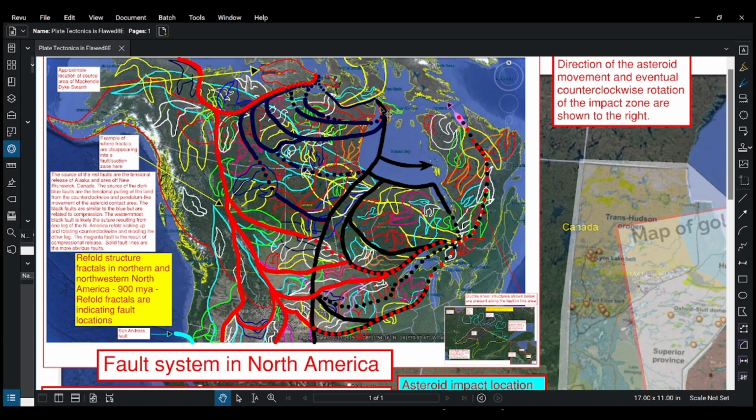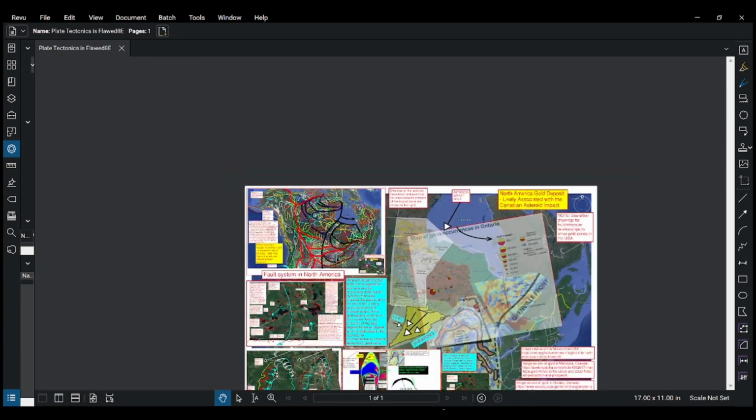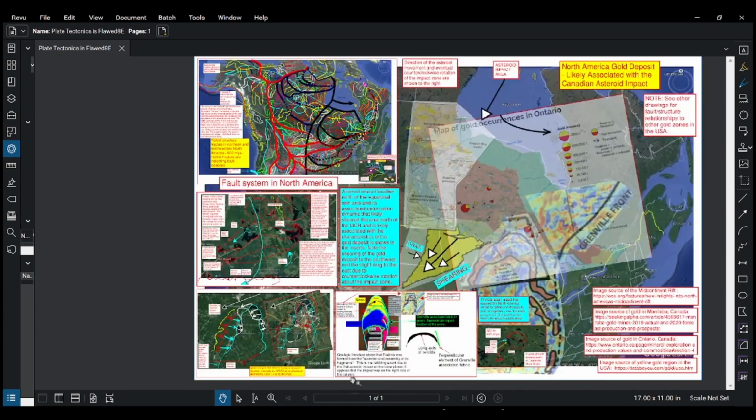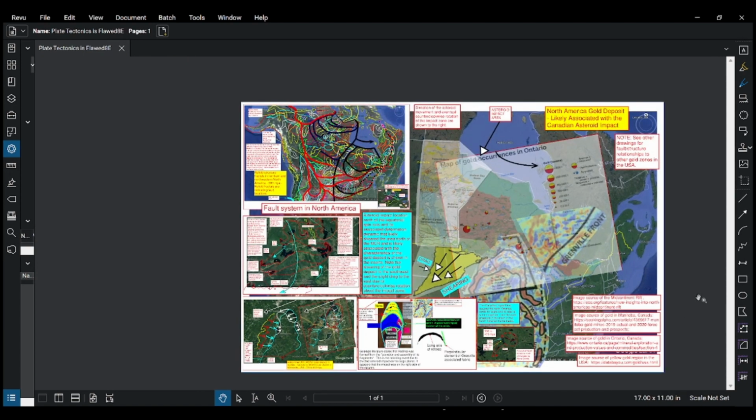And there's the suture of the North America refold here in black. There's sort of a subsystem of fault system over here, but everything is going counterclockwise around the asteroid impact, which was over here. And the dial gauge thing came down like this and rotated that way. See that? All right, so there's this totally interrelated thing going on. All right, so it should be getting clearer now, hopefully.